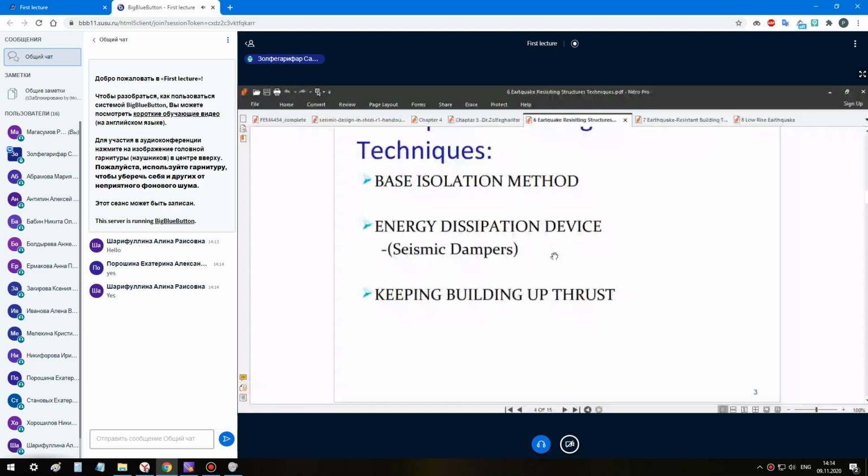Base isolation devices separate the building from the ground by rubber devices, and seismic dampers are special devices introduced in the building to absorb the energy produced by the seismic wave and reduce the earthquake energy.